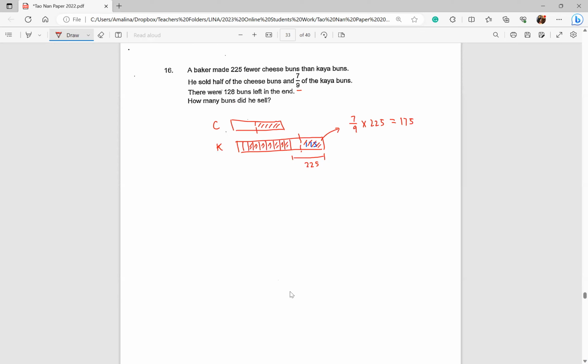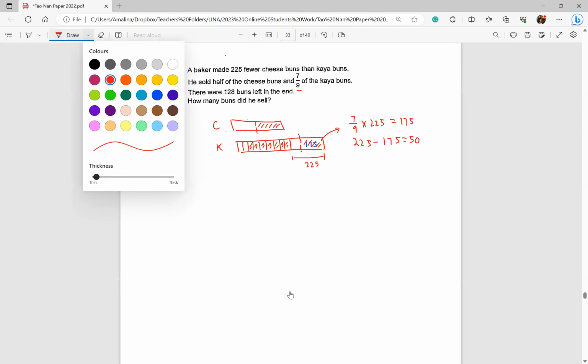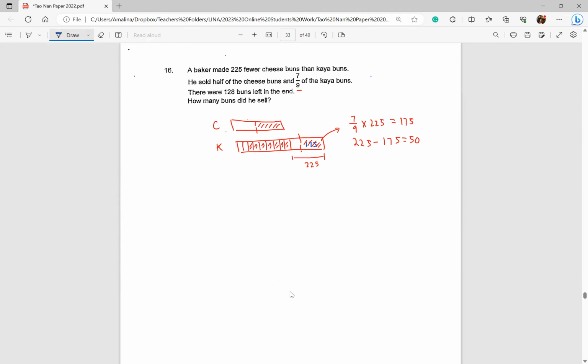And then find the remaining for this quantity part. So 225 minus off my 175, you're left with 50 kaya buns over here. So it's important when you're given such a question whereby there is a difference in the quantity between 2 objects, do not try to cut the whole kaya thing into 9 parts. It's very confusing. Okay, so this unshaded part is my 50.